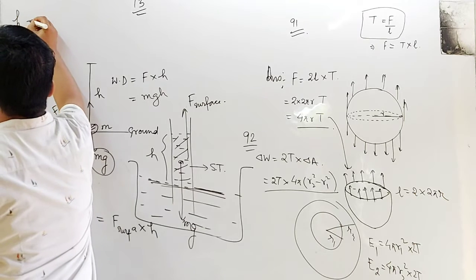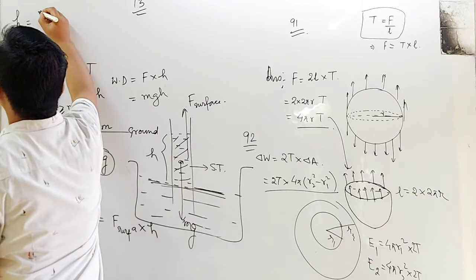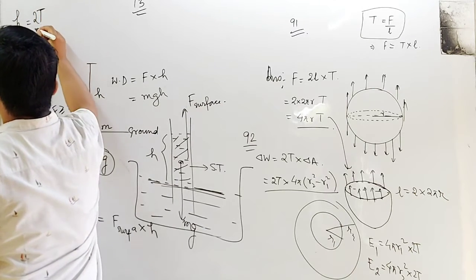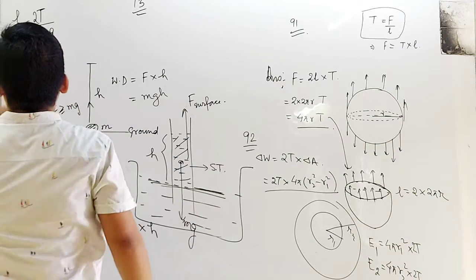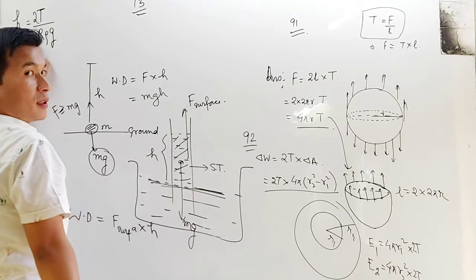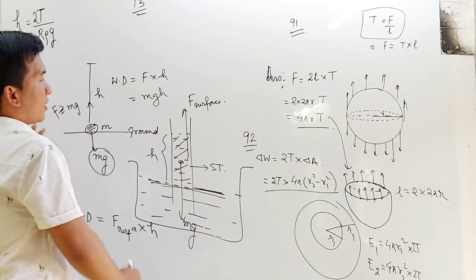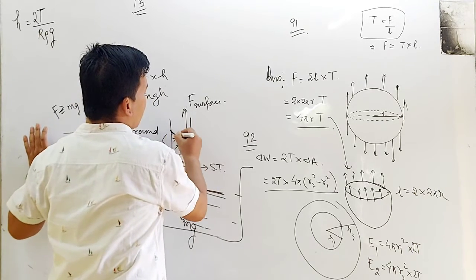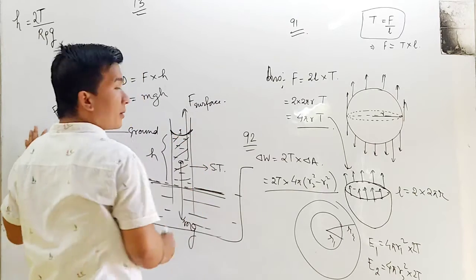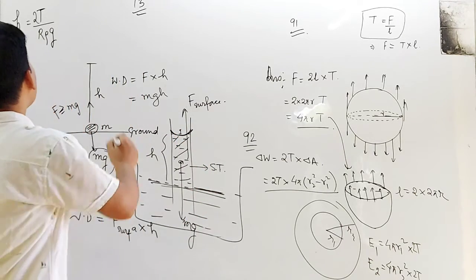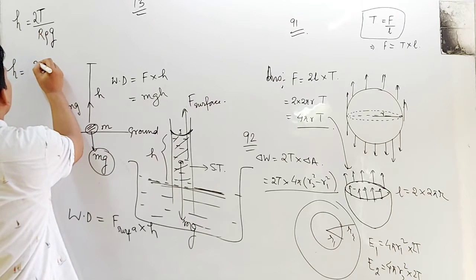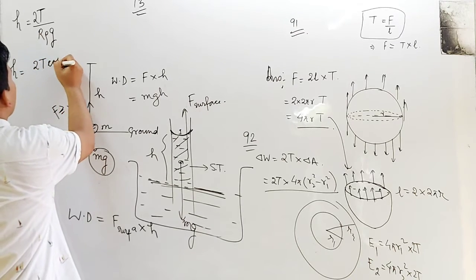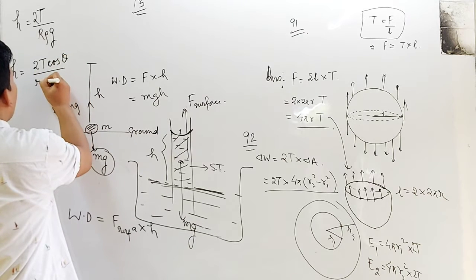It will be expressed in two terms: 2T divided by capital R rho g, where capital R is the radius of the meniscus. In terms of the contact angle, the height h is equal to 2T cos theta divided by small r rho g.